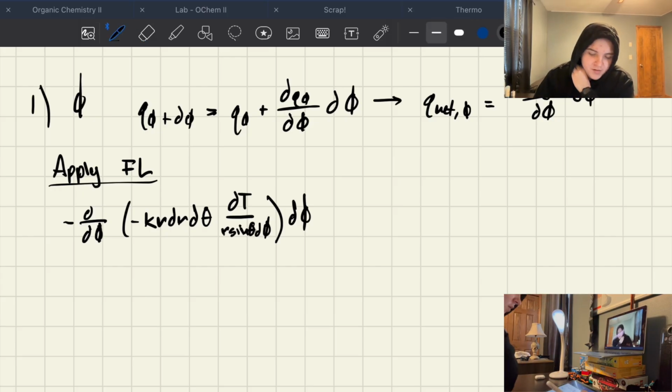After we applied our Fourier's law to our linear interpolation, that's what we get, and then we just need to simplify our equations.